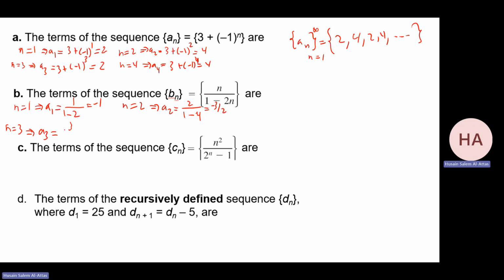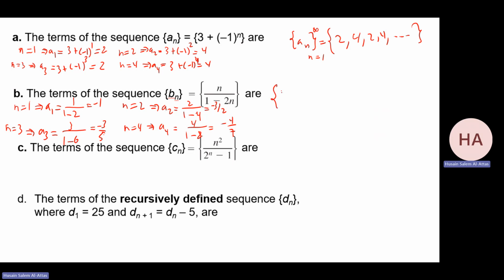That will be 3 over 1 minus 6, minus 3 over 5. N equals 4, what will be a4? It will be 4 over 1 minus 8, minus 4 over 7, and so on.